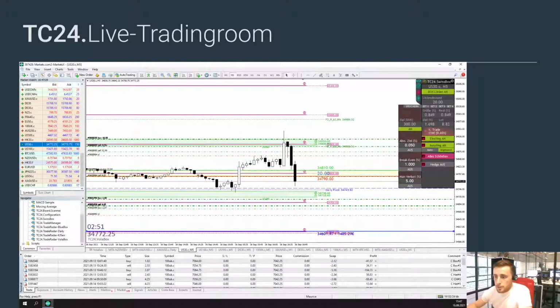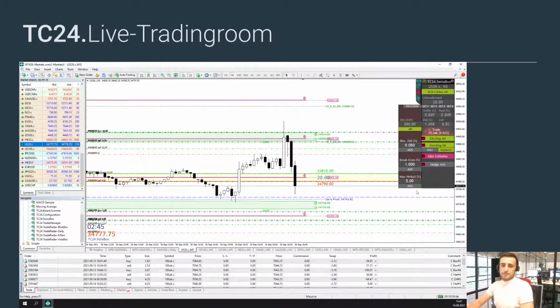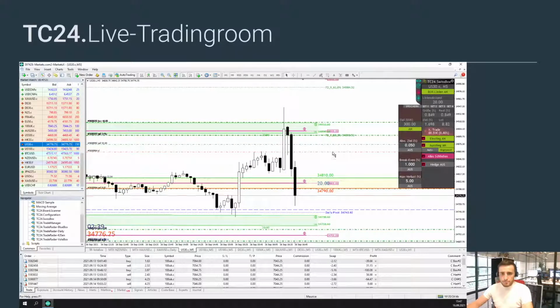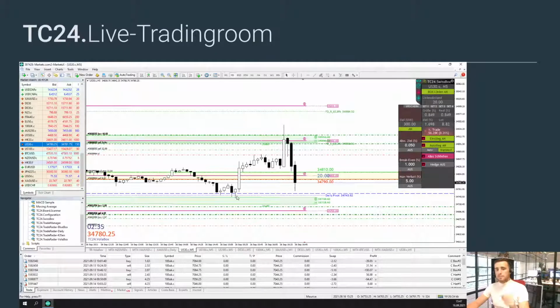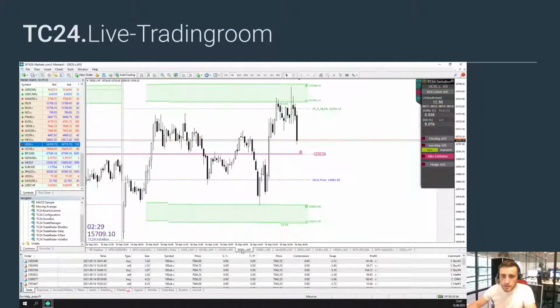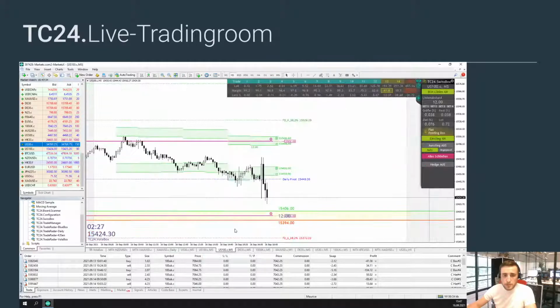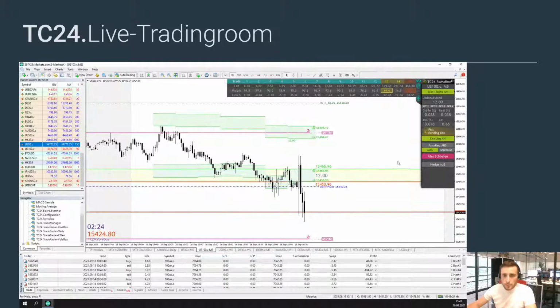And then we'll follow the moving average. Take a quick look at the DAX here, see what it's up to as well. Drop here, the whole market really.